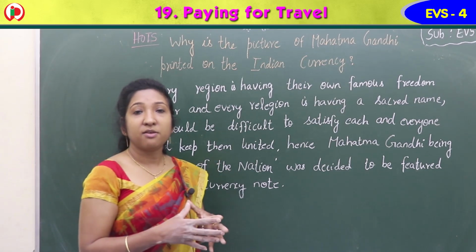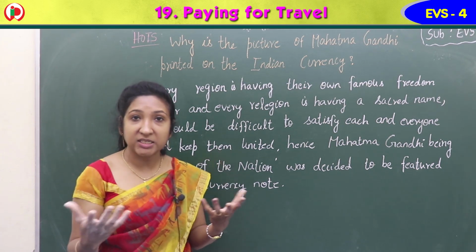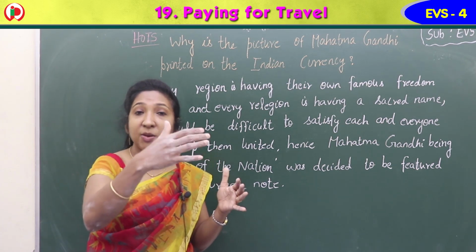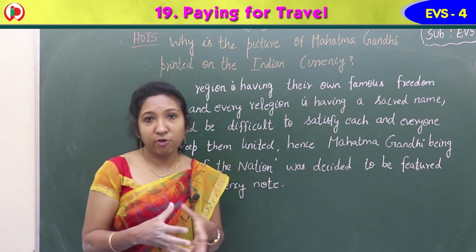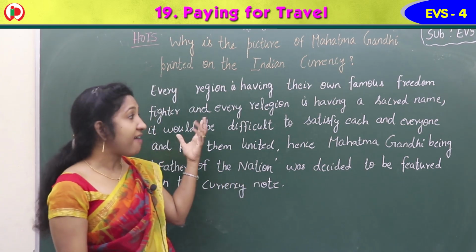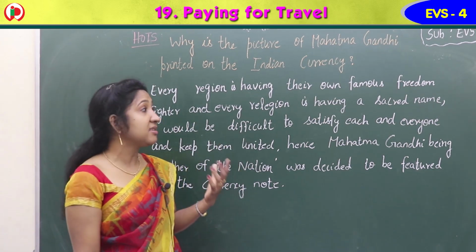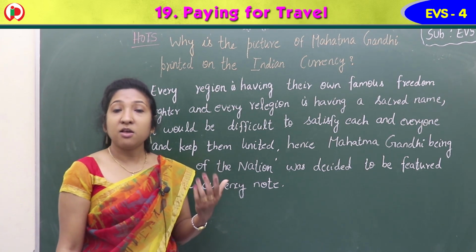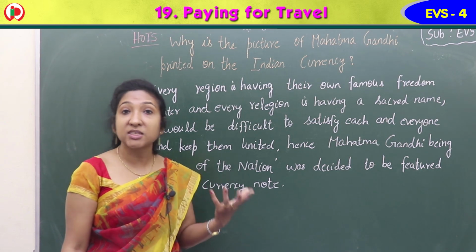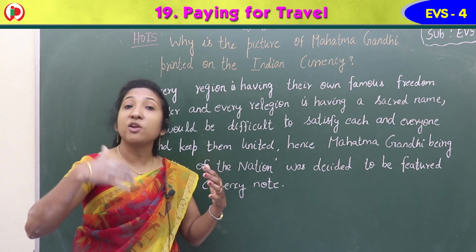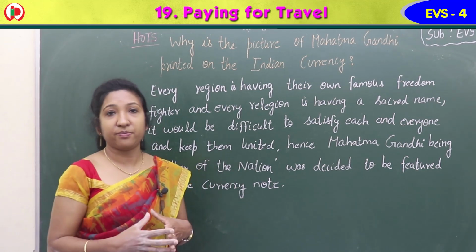In India, in every part, in every area, every region, there were freedom fighters for us. And every religion is having a sacred name. We have different religions in our country, isn't it? Hindus, Muslims, Christians. So everyone has their own holy name for each religion.